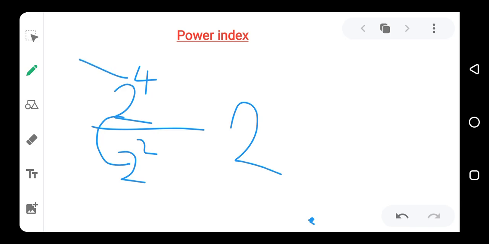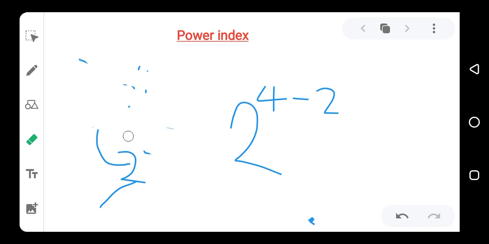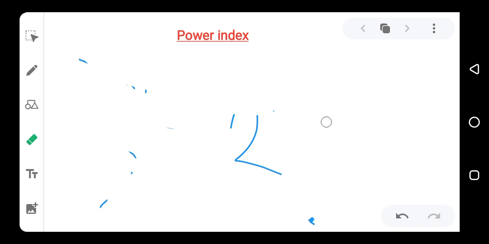This is numerator and this is denominator, so it becomes 2 raised to power 4 minus 2. And we also looked at advanced examples on this. Now today we want to see power index.